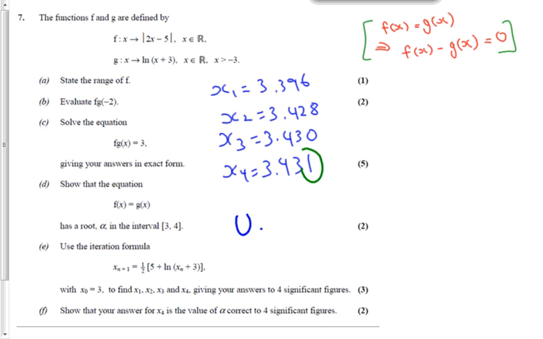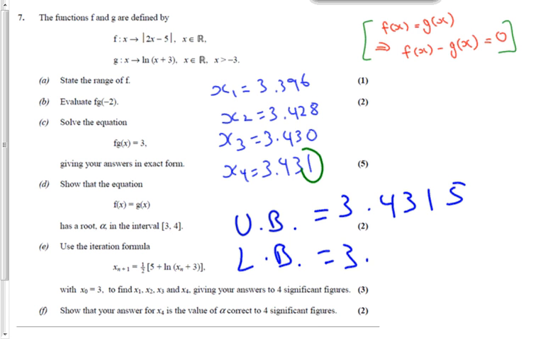Upper bound is equal to 3.4315. The lower bound is 3.4305.